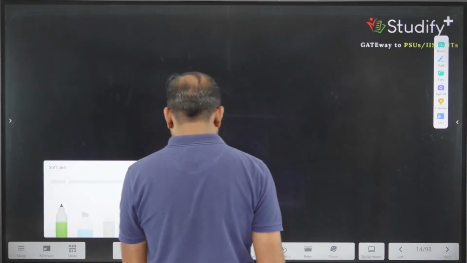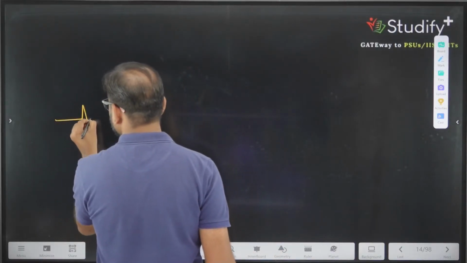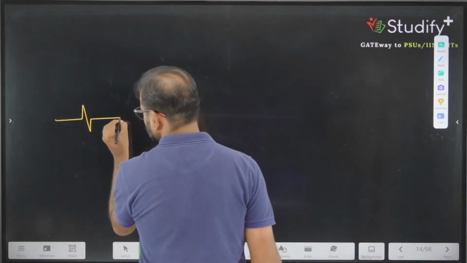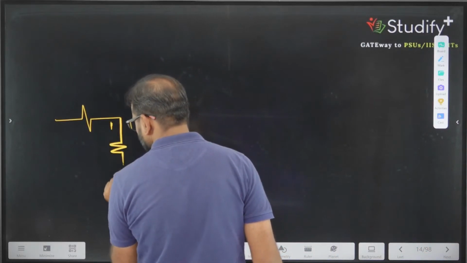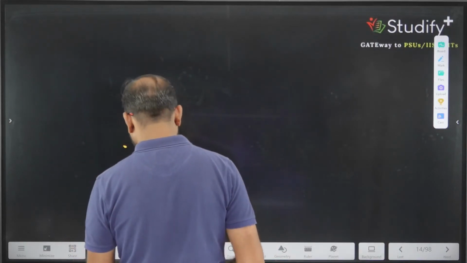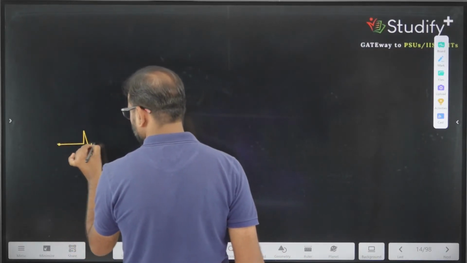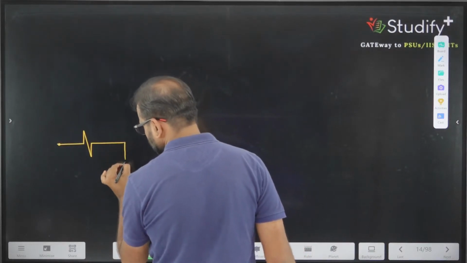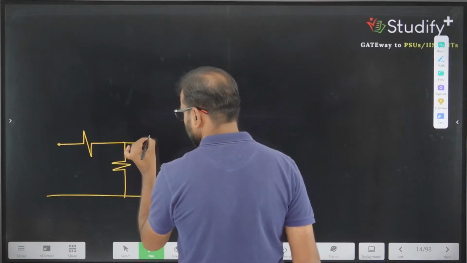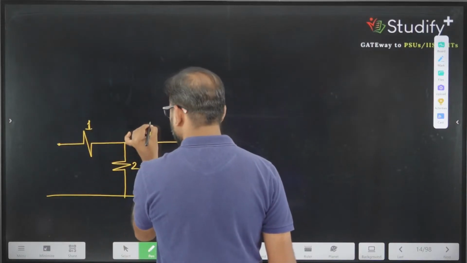So in the same circuit, let's make I1 equal to 0. You have 1, 2 and 3. This is 1, this is 2, and this is 3.